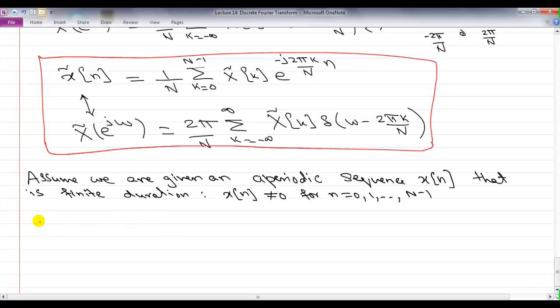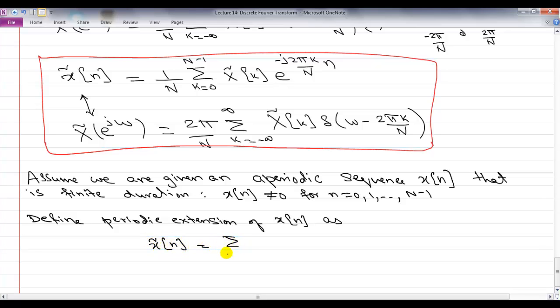So using that x of n, I define what we call the periodic extension of this x of n as x tilde of n equals summation r from minus infinity to infinity x of n minus rN. Okay, so just take your sequence and start replicating it after every n steps.